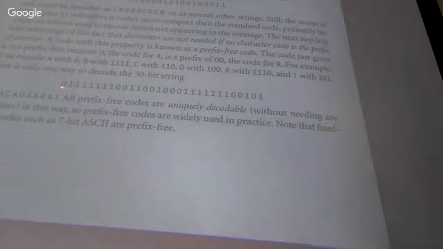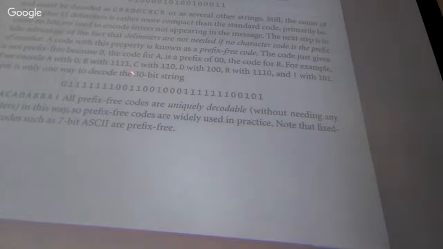Now, what does this mean? Prefix is a voorvoegsel, the part in front, right? So if A is a 0, then none of my other codes can start with a 0. So that when I see a single 0 at the start, I know it's just that one bit, it's the A.